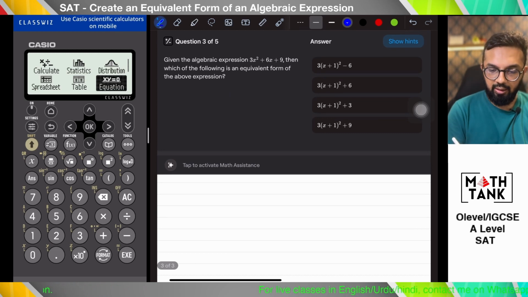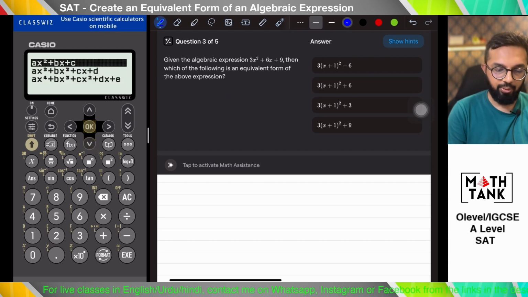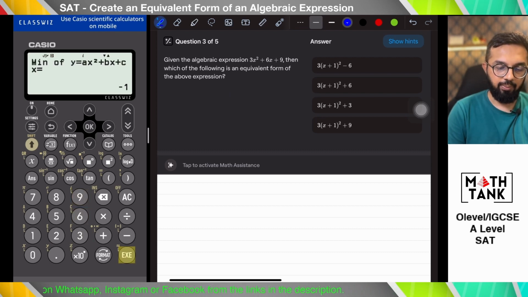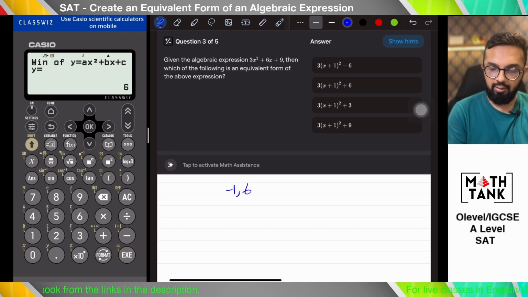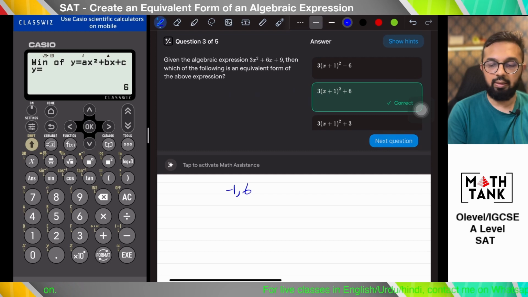Then again, I see this is a completed square form. Let's look at another way. Since I can see the turning point in my answer options, why don't I try to find the turning point in my question as well? So I get the turning point as minus 1 comma 6. That should be this. Yes, that is the correct answer option.